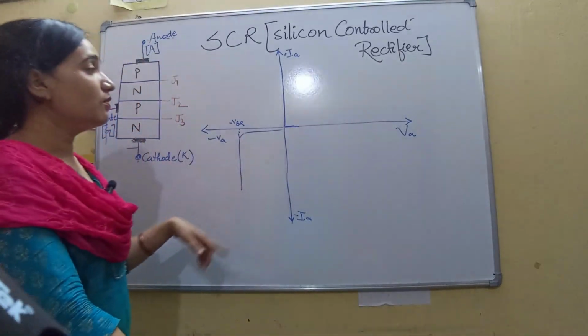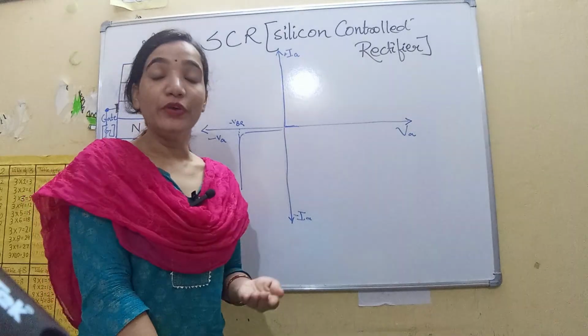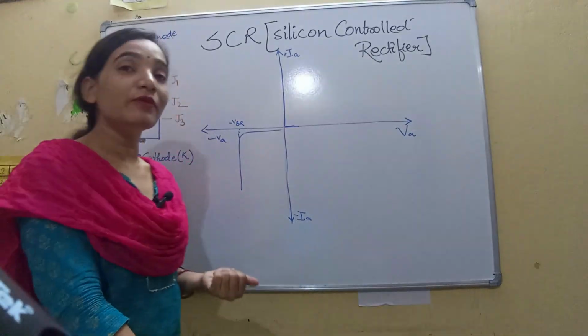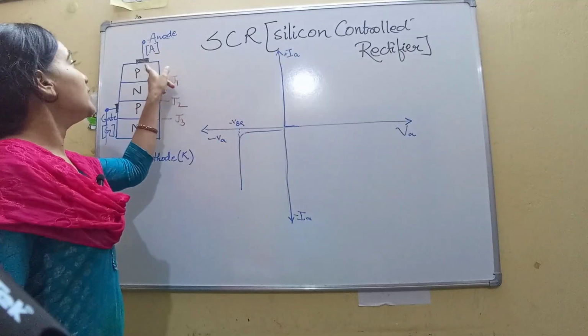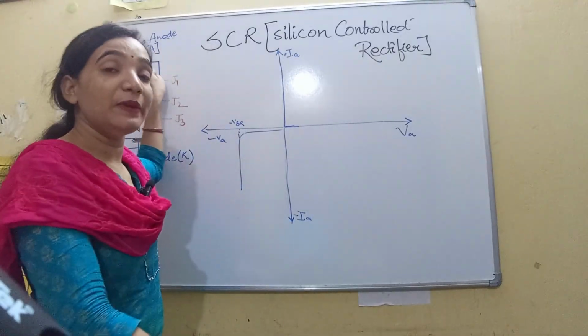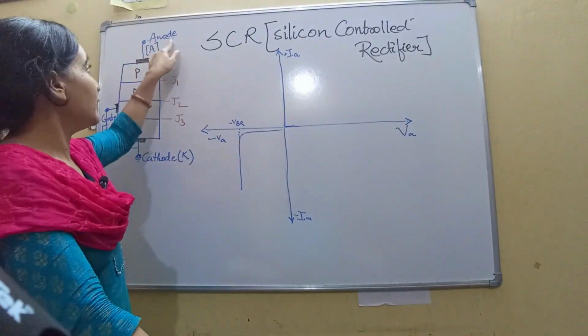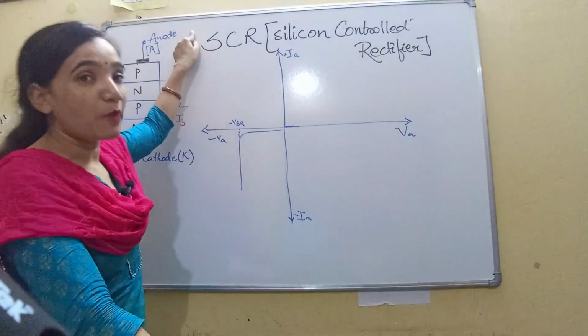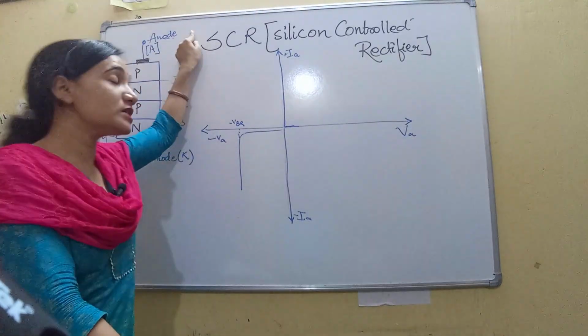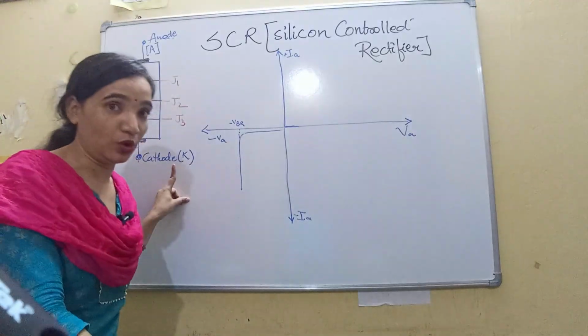Now come to forward blocking mode. In forward blocking mode, we keep the gate open, and we connect the p-type semiconductor, the anode of the silicon controlled rectifier, to the positive terminal of the voltage source with respect to cathode.